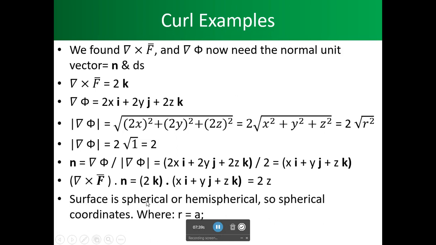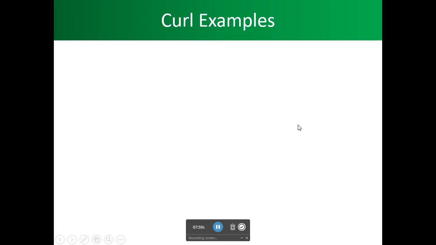So the surface is spherical, or a hemisphere, so there are spherical coordinates we have to use to find the volume. Okay, so where we have r is equal to a, which is equal to what? 1.